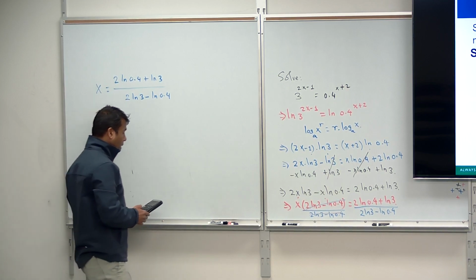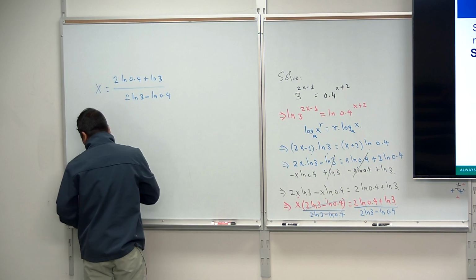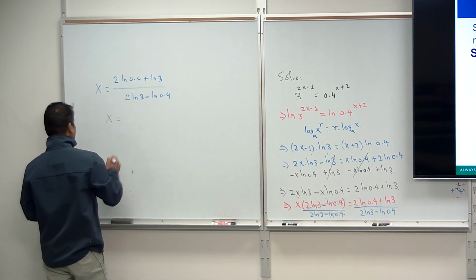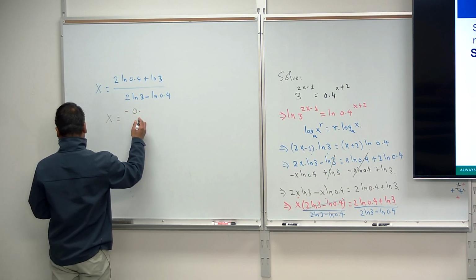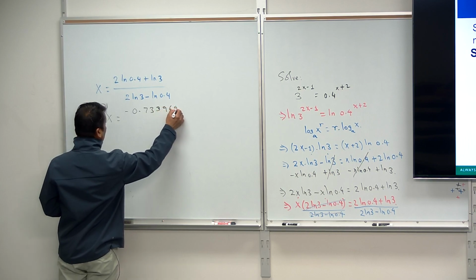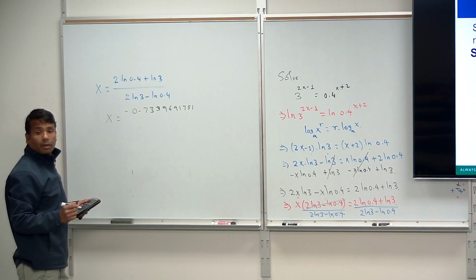So that will be on the numerator. What did you get? I got on the numerator negative 0.7339691751. Did you get the same?